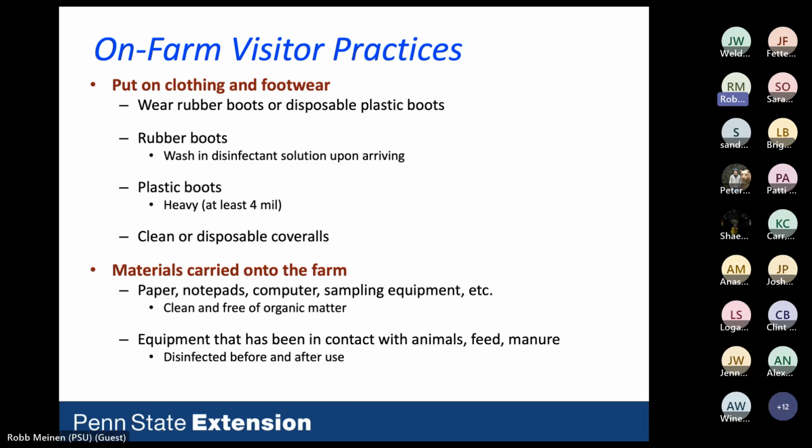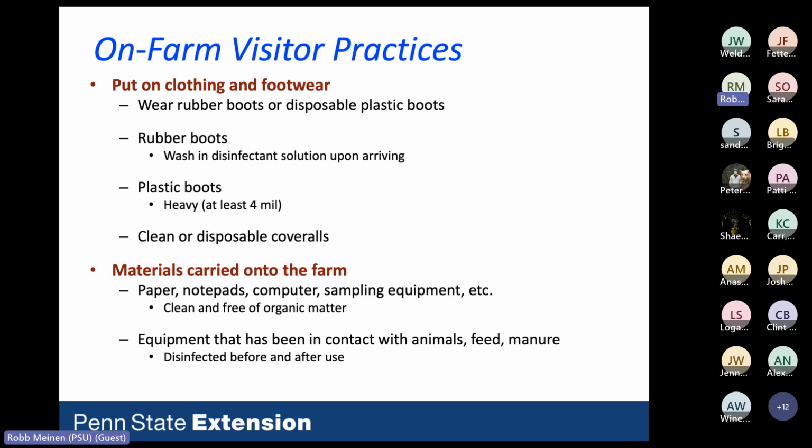So when you arrive at the farm, you step out of your car. The first thing you want to do is put on your clothing and footwear to meet the biosecurity protocol, right? Those rubber boots, those plastic boots, those coveralls that we've talked about. Often we need to carry other materials with us, right? Some items, paper, notepads, computer, sampling equipment, etc. Make sure those are free of organic matter.